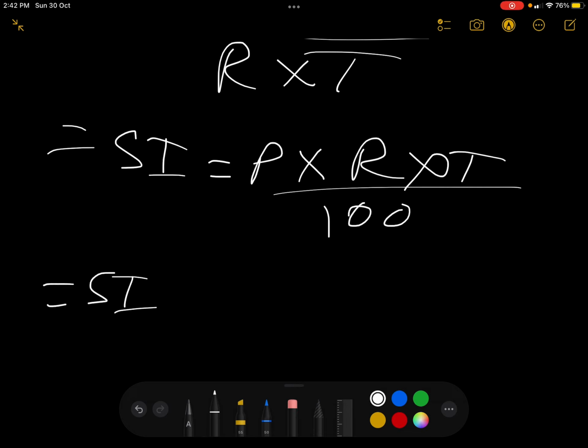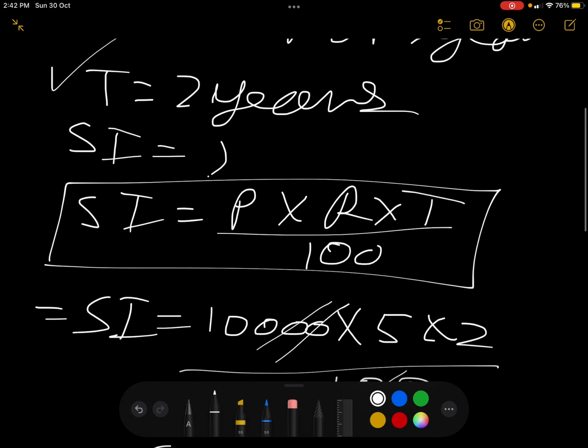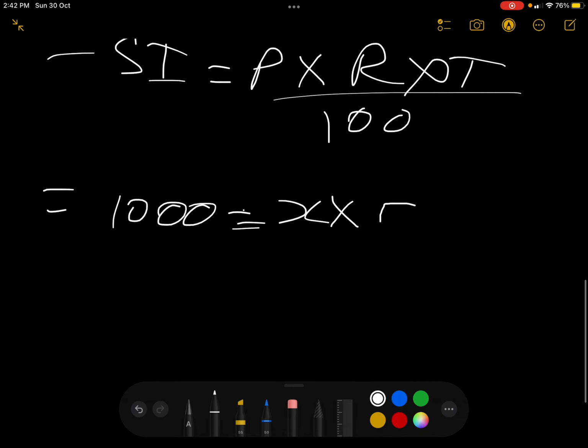We know the simple interest is 1,000 rupees. Let's take the principal to be X. I find that more comfortable, you can take P also. The rate was 5%, and the time is 2 years, upon 100.